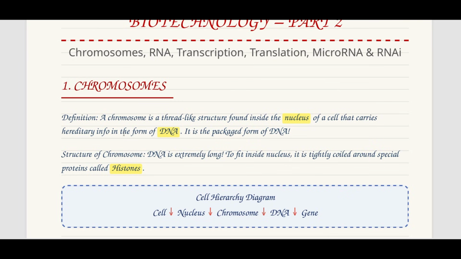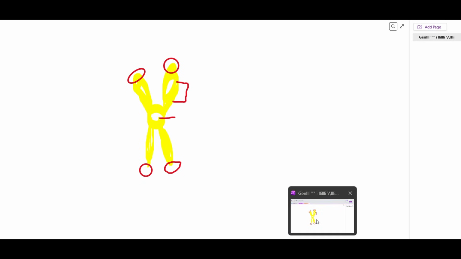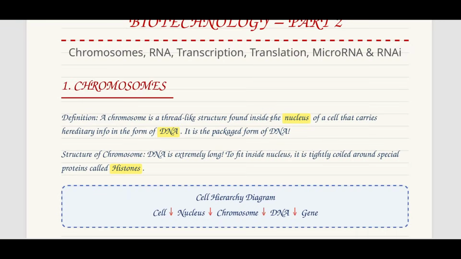It is a thread-like structure. Just assume it is a thread-like structure. I've shown you, right? This is the chromosome. It is a thread-like structure, and the chromosome is present inside the nucleus.